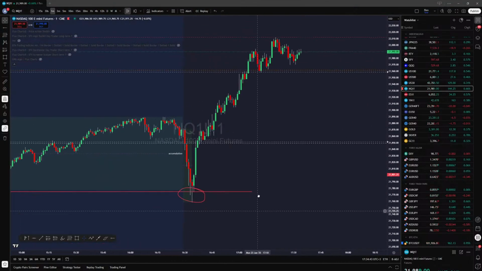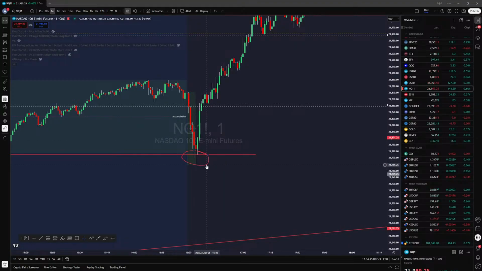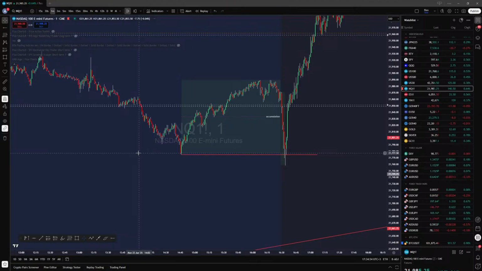I'm gonna show it to you closely. The most important part in manipulation is that it has to take out liquidity. Usually it's time liquidity. It can be the previous daily high, previous daily low, any day levels. It can be liquidity pools that have been built for a long time, all this kind of stuff, right?